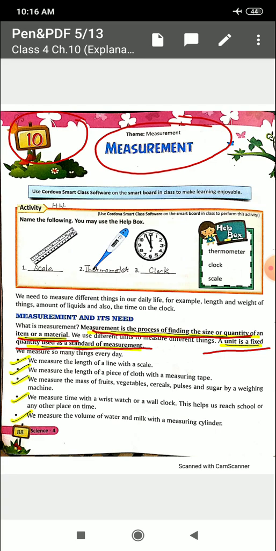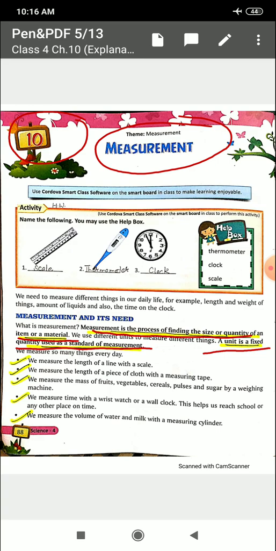Then we measure the mass of solid objects or materials like fruit, vegetables, cereals, pulses, sugar by the weighing machine. Or we can also weigh ourselves, means we can measure our weight by using the weighing machine.